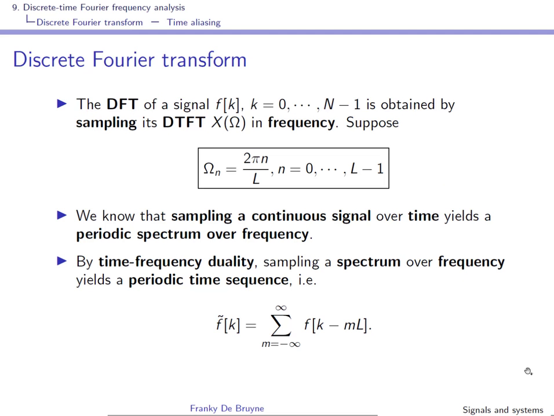So what we have seen so far, we have obtained the discrete Fourier transform from the discrete time Fourier transform by sampling the discrete frequency as follows.